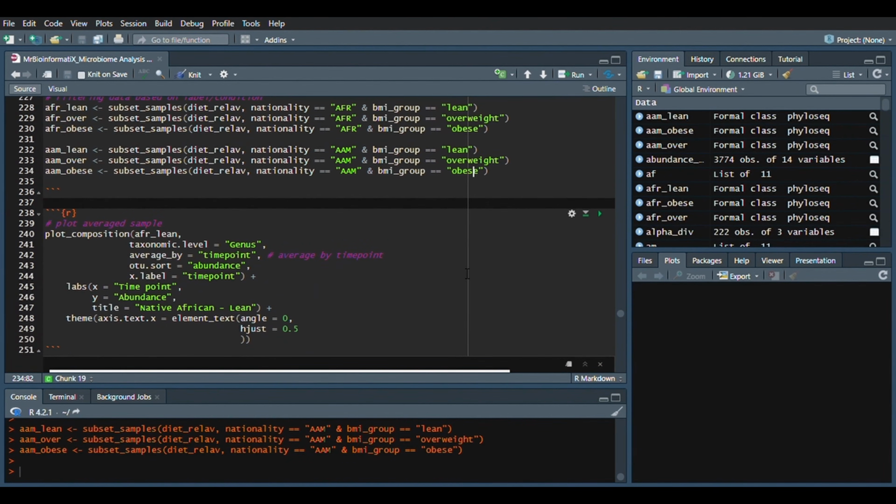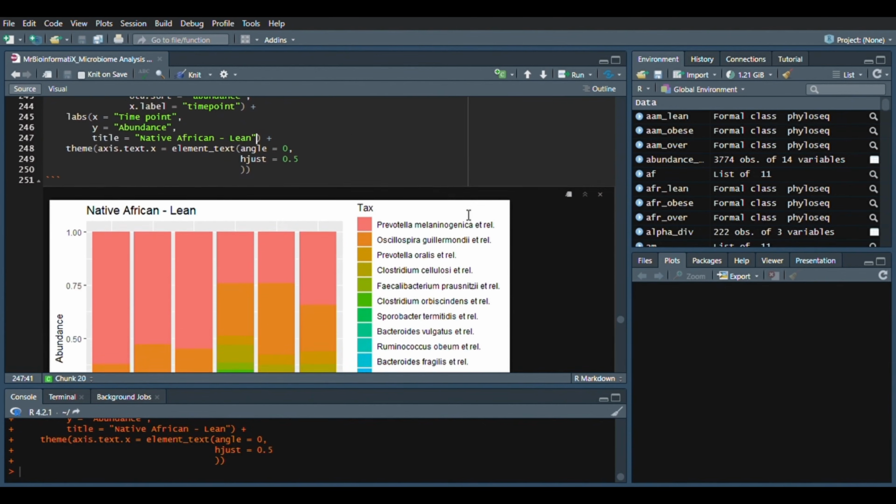And now, let's plot. We use plot composition, African lean, for example, taxonomic level genus, average by time point, OTU sort abundance, X label equal time point, and then labs X time point, and Y abundance, and we'll put a title, Native African lean. Let's run our code.